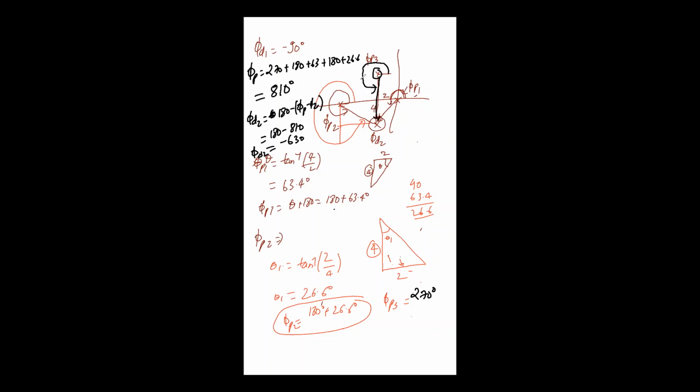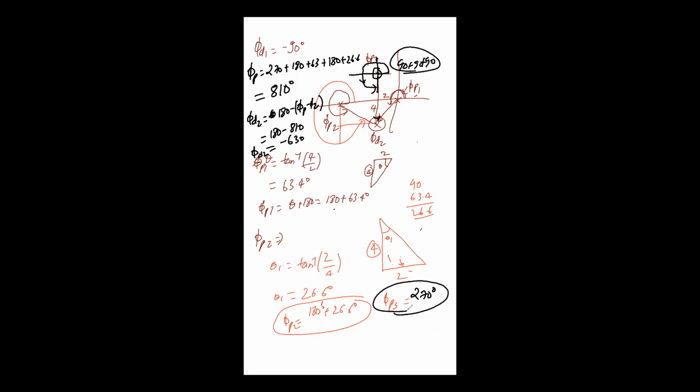This whole angle will be phi p3. If you take this, it will be negative, but if you want it to be positive and not make mistakes in the exam, this will be the angle. So phi p3 is from here to here. You can see it is 90 degree, from here to here it is 180 degree, and here 90, basically 90 plus 90 plus 90. It will be 270 degree.